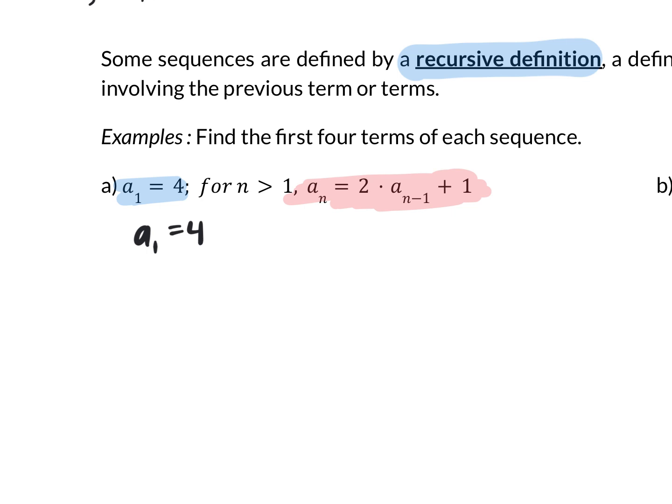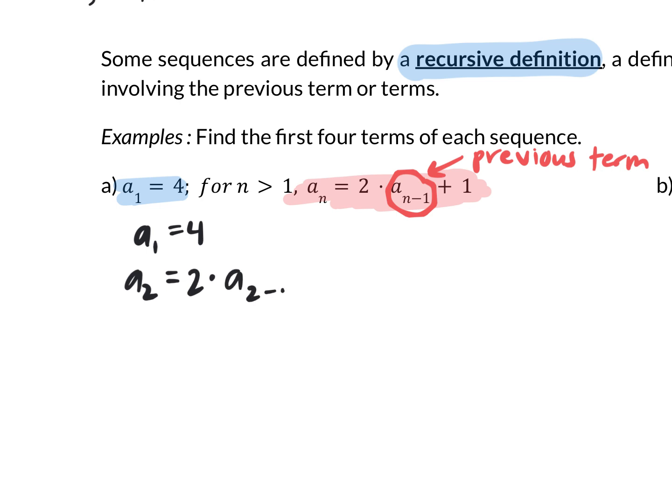So this notation right here, a sub n minus 1, is your previous term. It's taking the previous term and plugging it in there. So what I would do is write a sub 2 is equal to 2 times a sub 2 minus 1 plus 1. I'm going to write this out. You don't have to do that every time, but just to show what's happening here, so that you know where it's coming from.